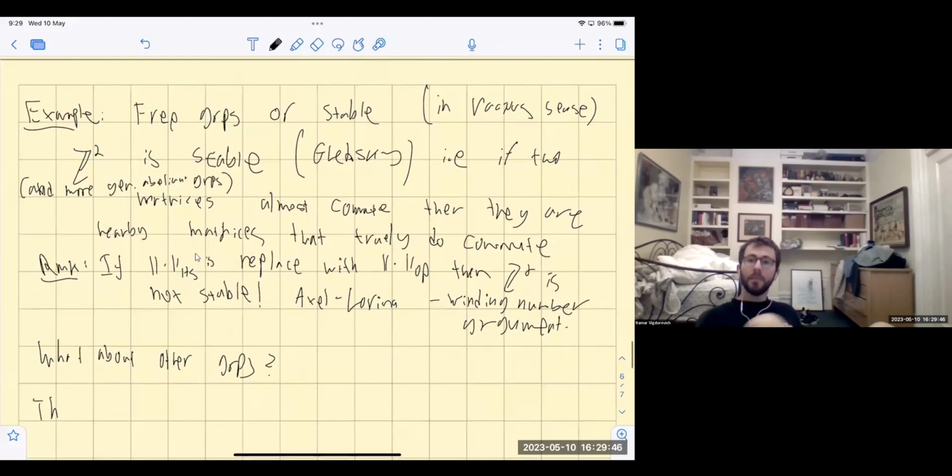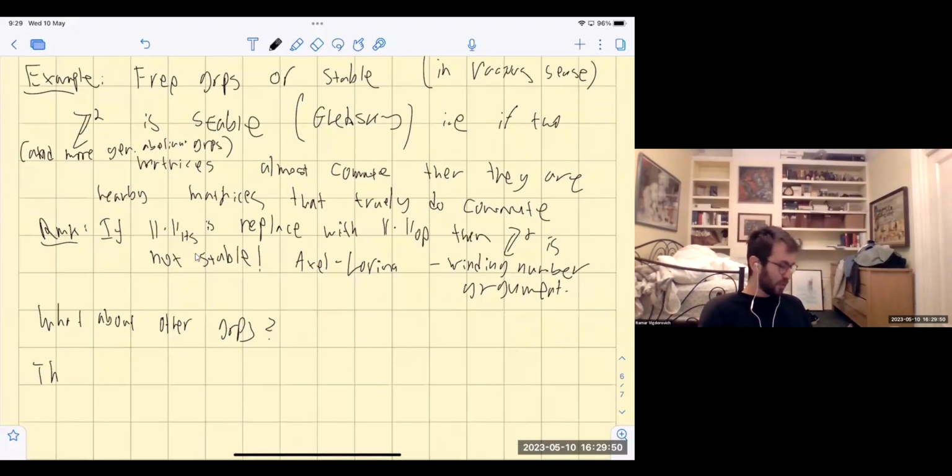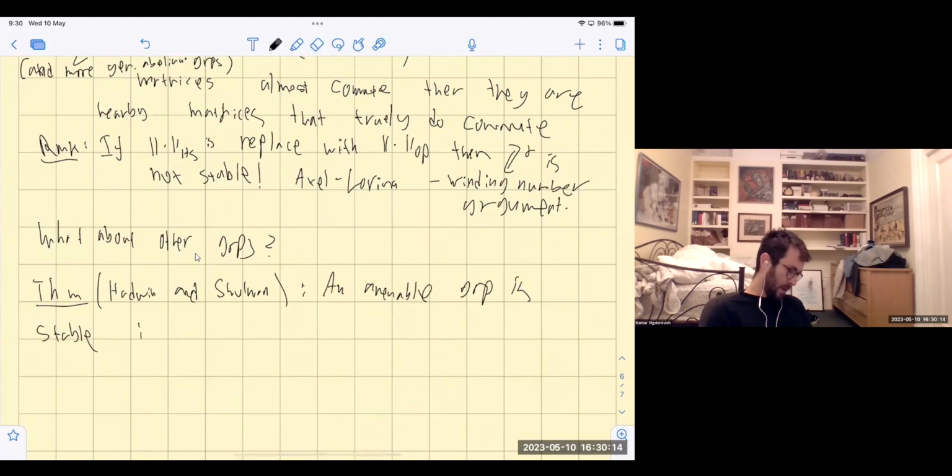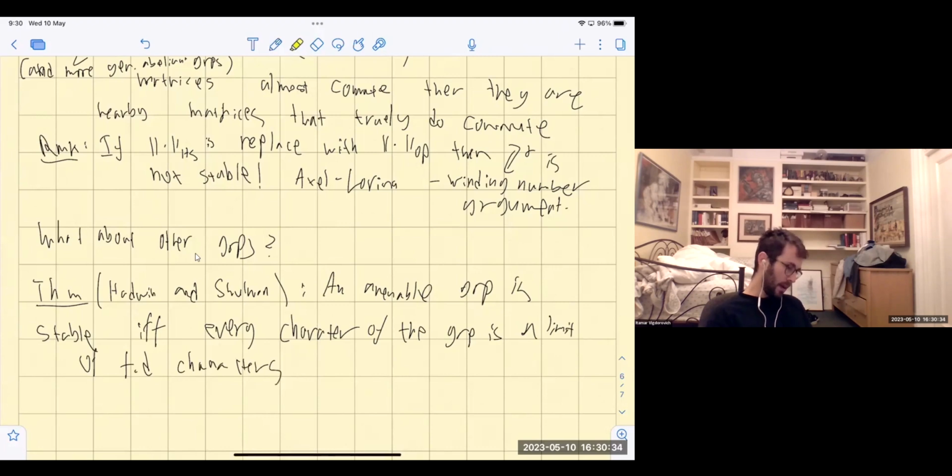But not much was known beyond this until a few years ago, when there was a theorem by Hadwin and Shulman that says an amenable group is stable if and only if every character of the group is a limit of finite dimensional characters.